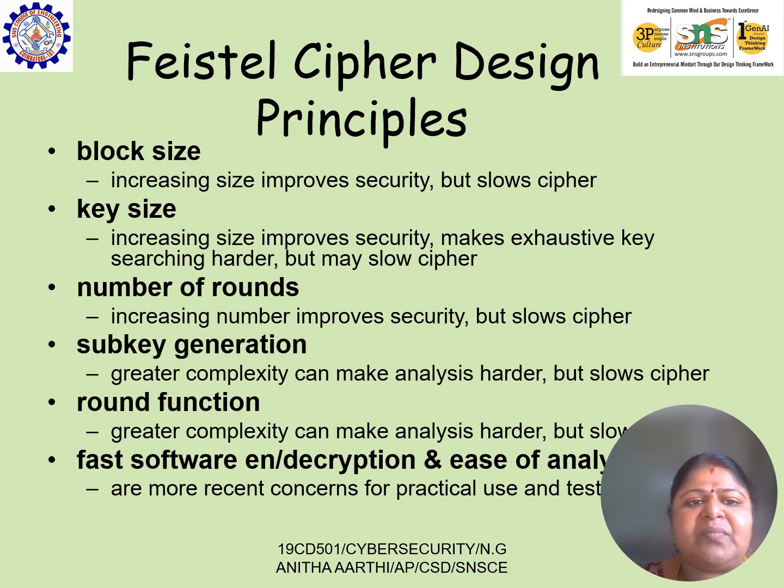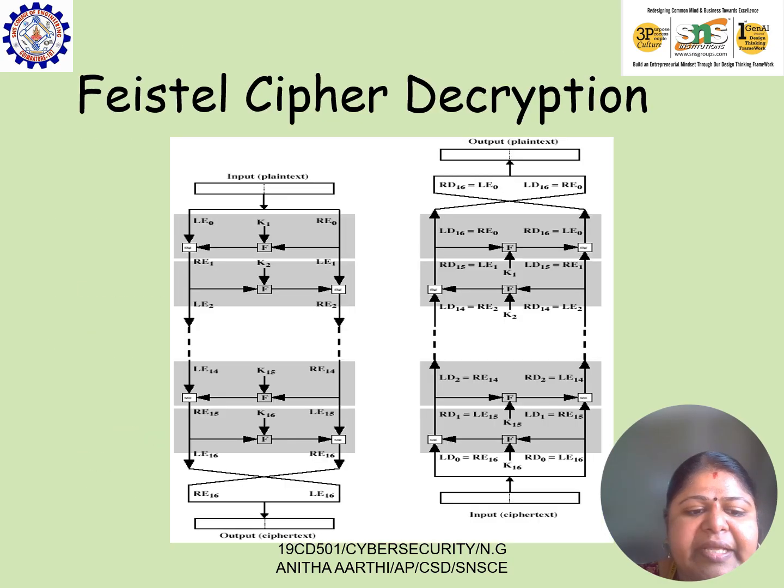And the Feistel cipher design principles: block size, key size, number of rounds, subkey generation, round function, fast software encryption or decryption, and ease of analysis. These are the principles of Feistel cipher design, shown in this block diagram, where the input plain text is processed through the n rounds of the encryption technique and the output ciphertext is generated.